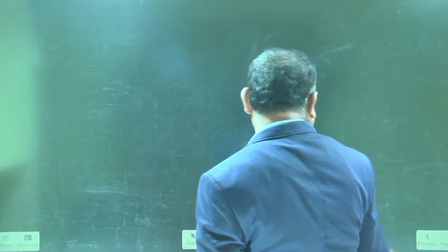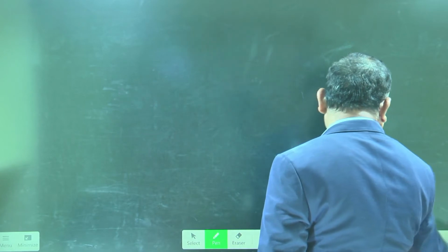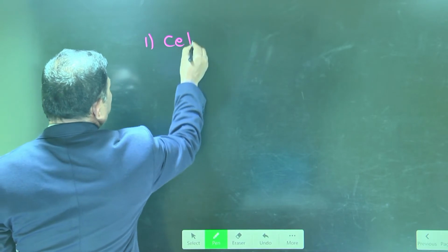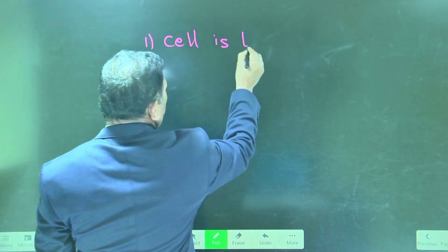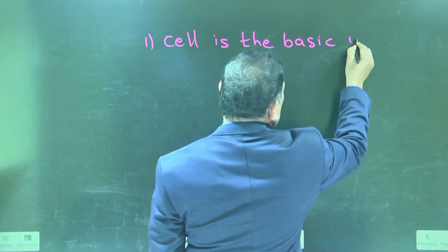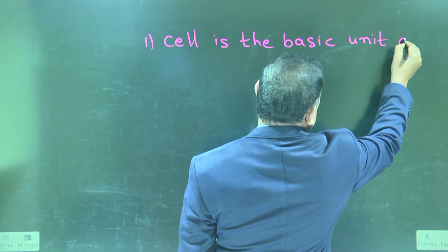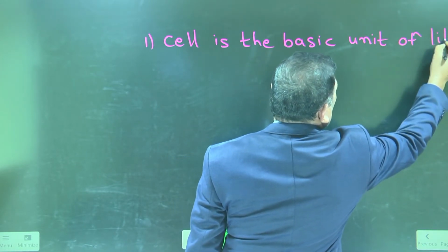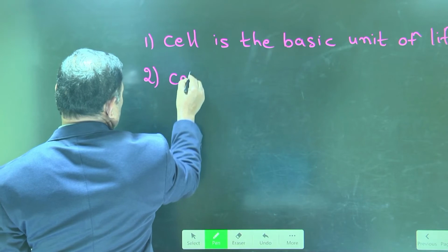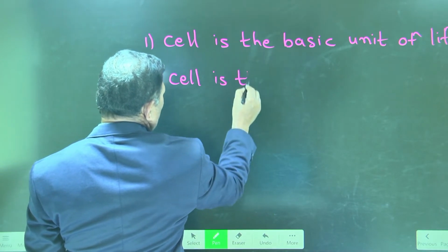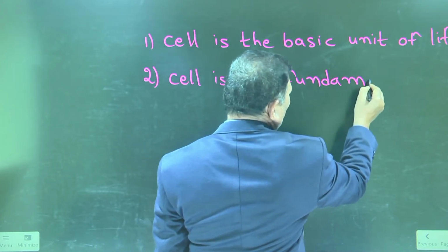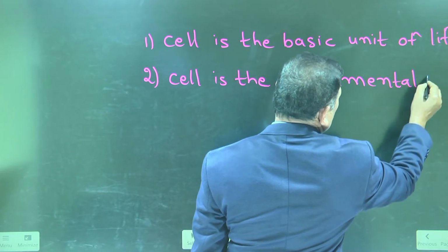According to the cell theory, the cell is the basic unit of life. Next point, the cell is the fundamental unit of life.